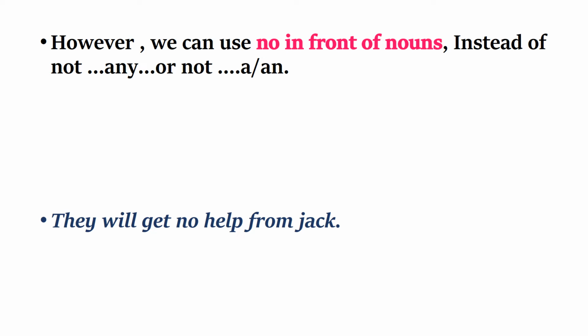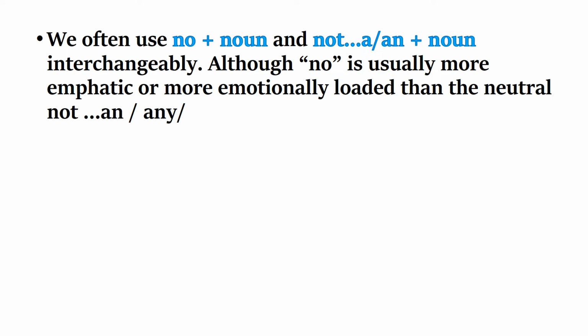However, we can use no in front of nouns, instead of not any, or not a and an. Example: they will get no help from Jack. We often use no plus noun and not a, an, or any plus noun interchangeably, although no is usually more emphatic or more emotionally loaded than the neutral not any.